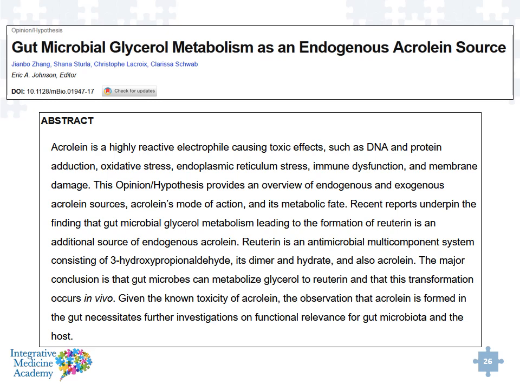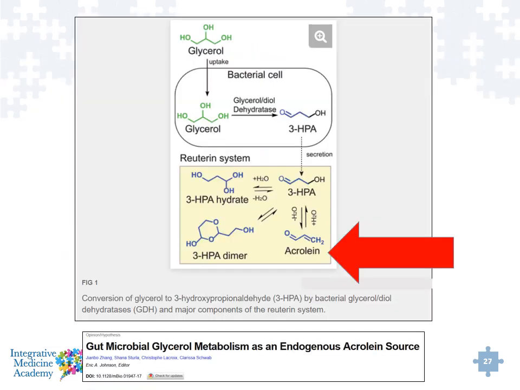And because acrolein has that aldehyde group, we know it is a reactive chemical that could generate a lot of free radical damage, which can cause tissue damage, cellular dysfunction, membrane damage, etc. So a bacterial cell ultimately leading to acrolein, which has that aldehyde group, is highly reactive. It's called an electrophile, so it can take electrons, causing an oxidation reaction.